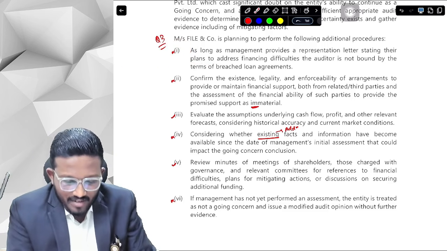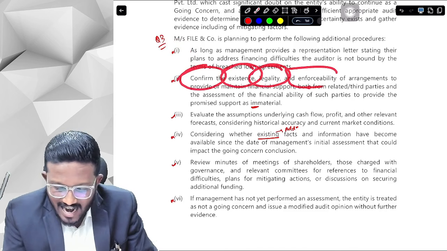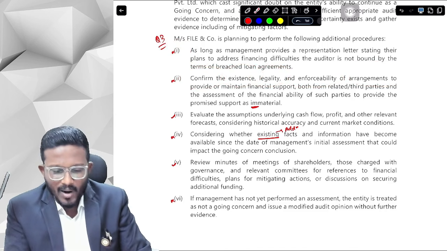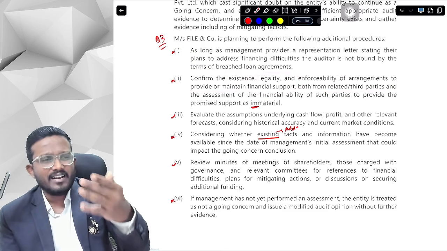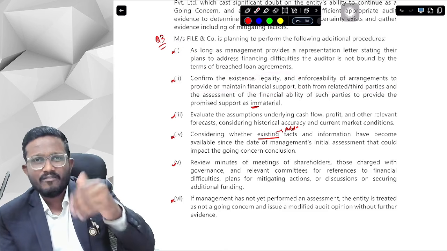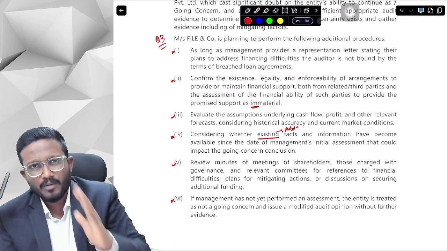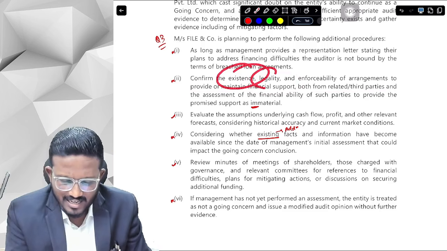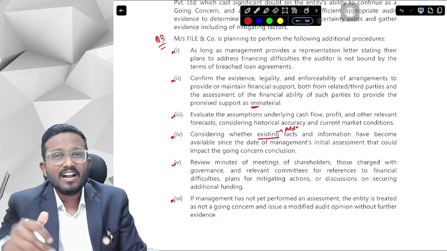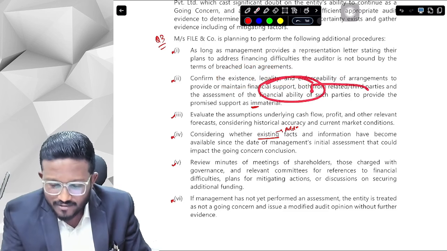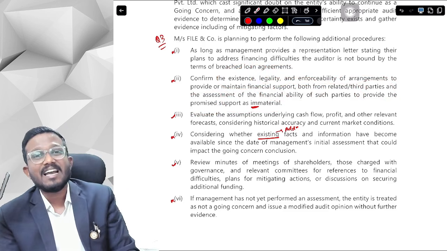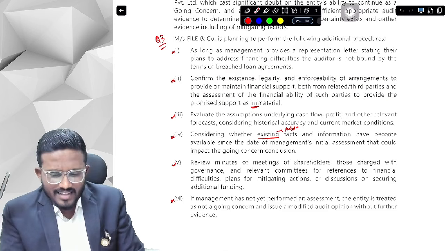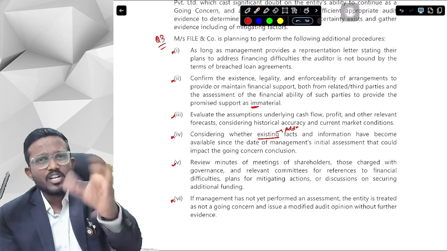Second is, what, sir? We need to confirm the existence, legality, and enforceability of the arrangements to provide or maintain financial support from related or third parties. So basically, related or third parties have told the auditor that they will be providing the financial support to this particular entity. So we need to check the existence, legality, and enforceability of both of them, and we need to assess the financial ability of such parties, whether they will be able to provide the support. It says this is immaterial, that we do not need to assess the financial ability of the party.